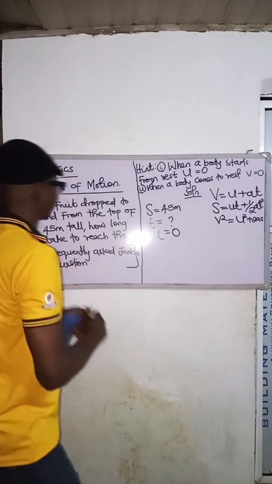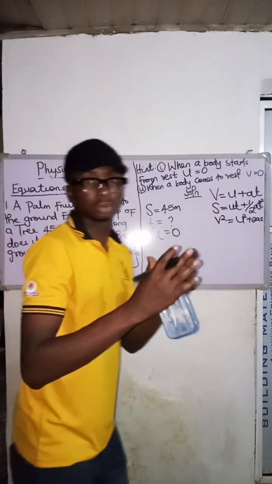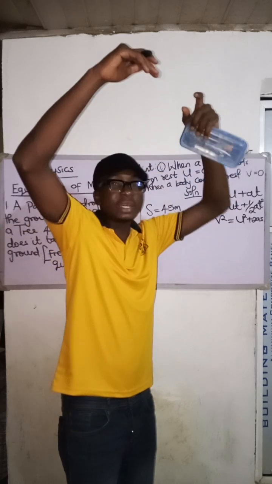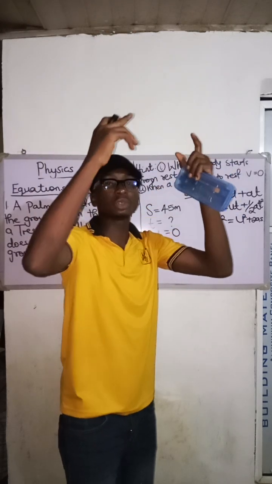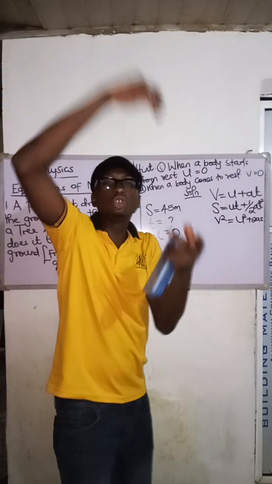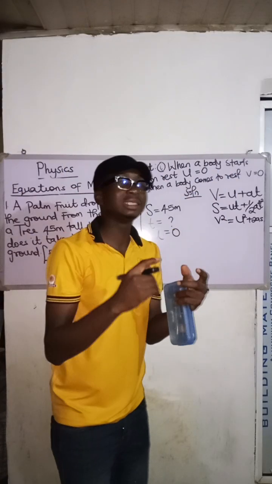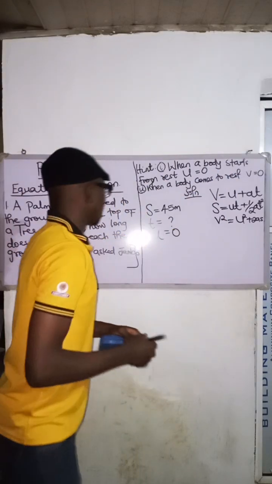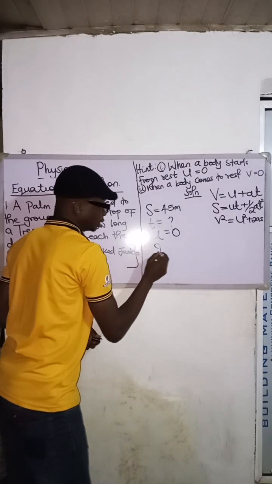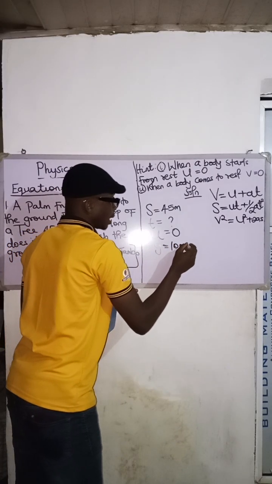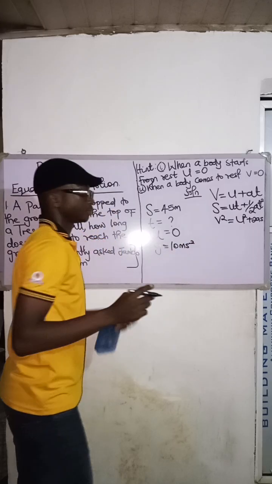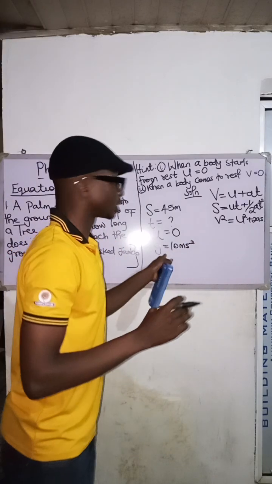In this case, this is a palm fruit that is dropping down from the top of a tree, which means the acceleration this time is acceleration due to gravity, and it's a constant value. Acceleration due to gravity, g, has a constant value of 10 meters per second squared.